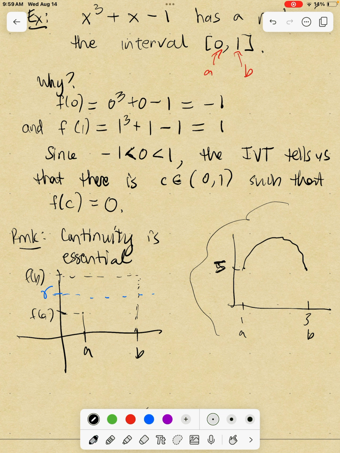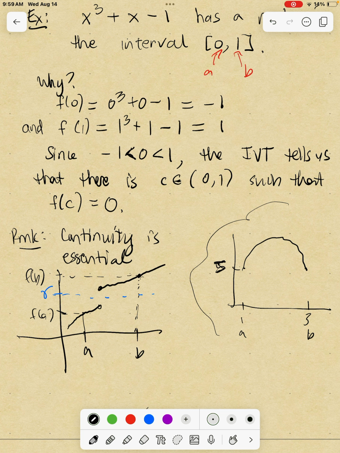Like your graph could be, well, it has to go through the 2 points, so there you go.